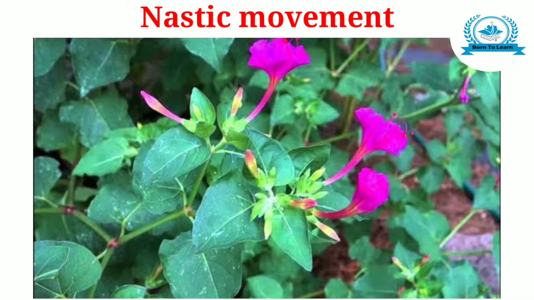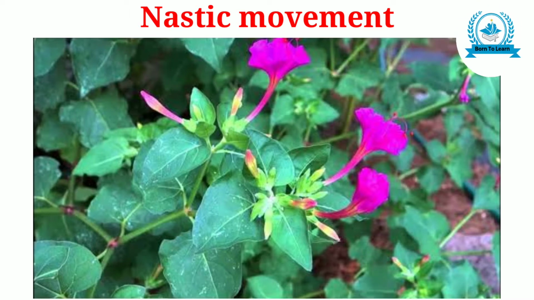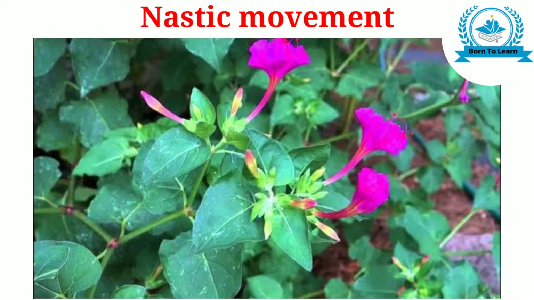Nastic movements of plants are also called nasties. Nastic movements of plants are induced by stimuli such as heat, light, touch or contact, etc. The main difference between tropic and Nastic movements is that tropic movement is a directional movement of a plant part, but Nastic movement is not a directional movement of the plant part with respect to the stimulus.